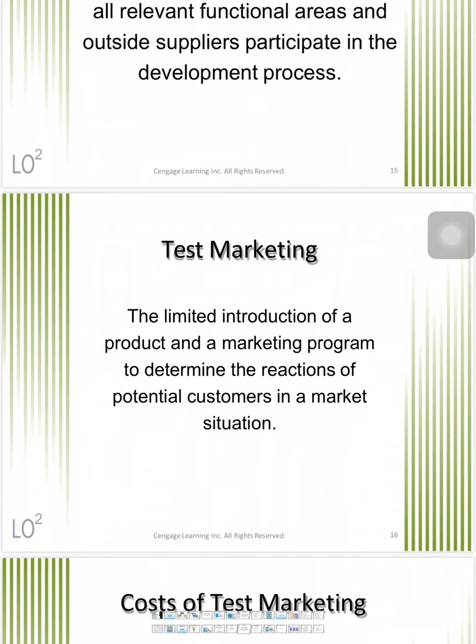Then they see whether they are getting a good response. If yes, then the organization can go for launching. First of all they have to do test marketing on a small scale and see whether there is a response or not. Then they go for launch on a big scale.